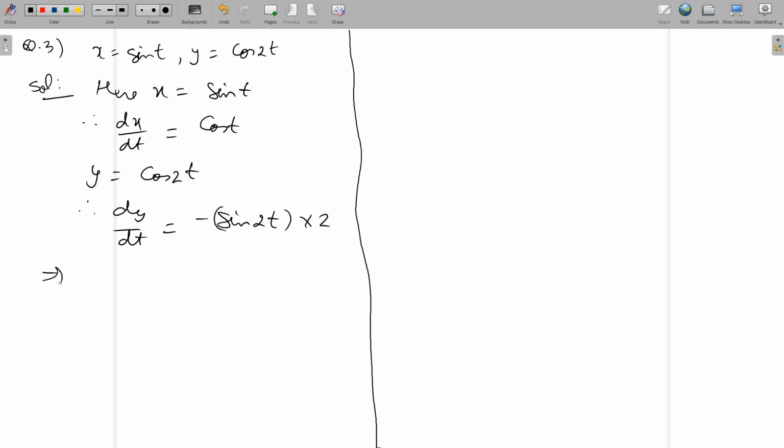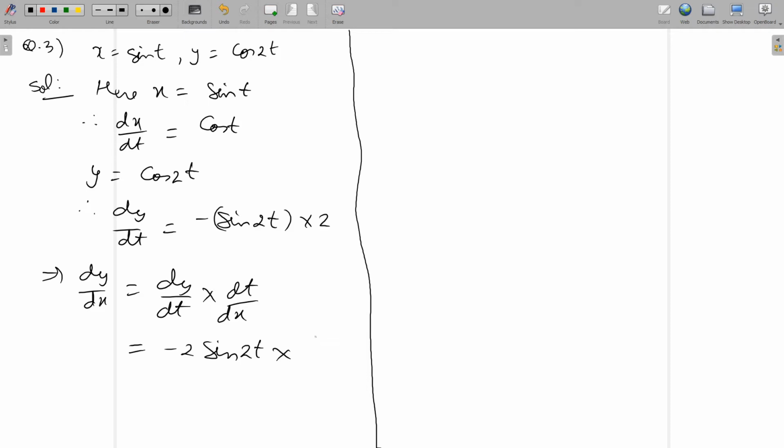So this implies dy by dx equal to dy by dt into dt by dx equal to, so what is dy by dt? That is minus 2 sin 2t multiplied by, what is dt by dx?